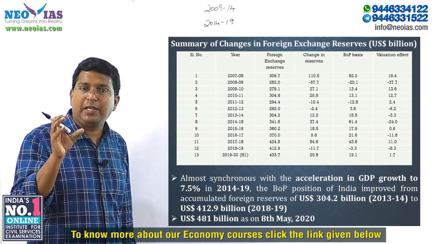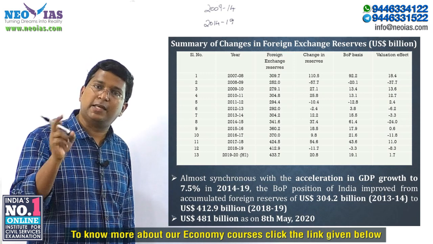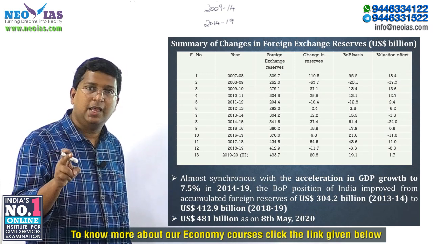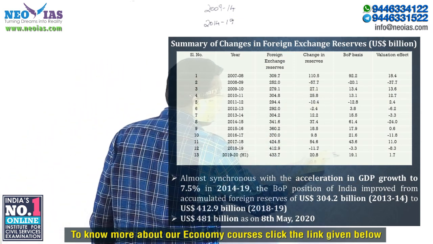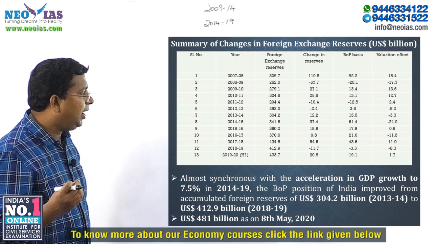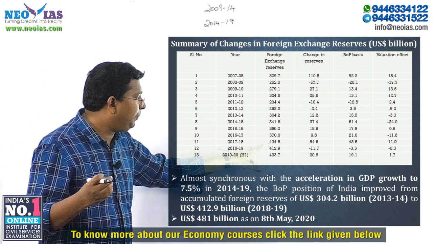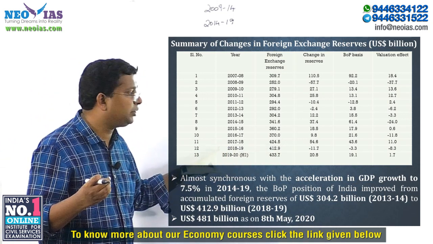Okay, the capital account surplus has been less, current account deficit is high, because of that we had BOP deficit in 2018-19. We know that BOP has declined in 2018-19, and because of that there has been reduction in the foreign exchange reserves in 2018-19.